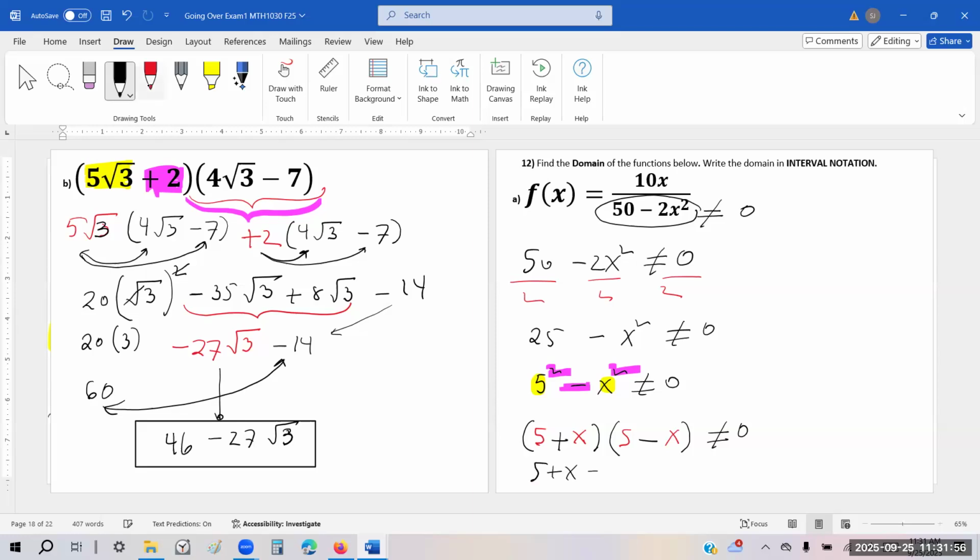If 5 plus x cannot be 0, that means x cannot be what number? Negative 5. If 5 minus x cannot be 0, that means here x cannot be positive 5.